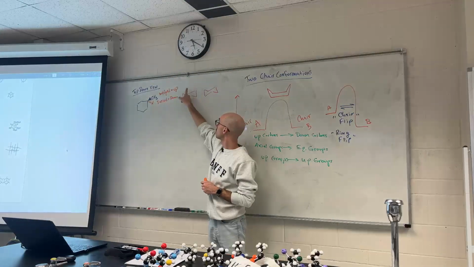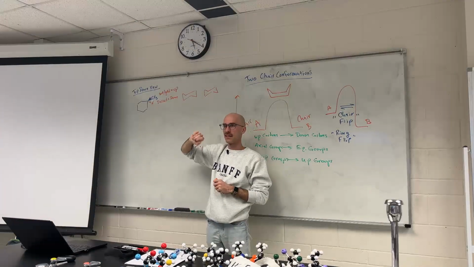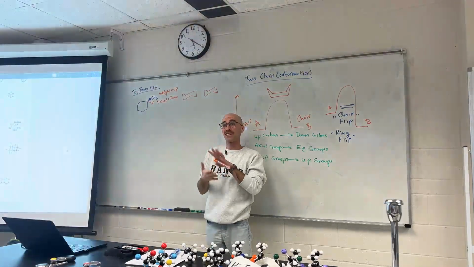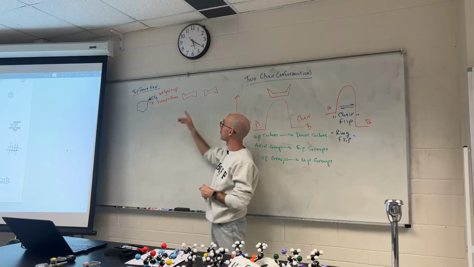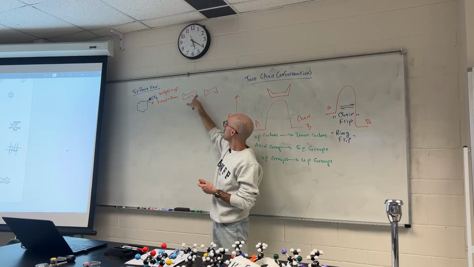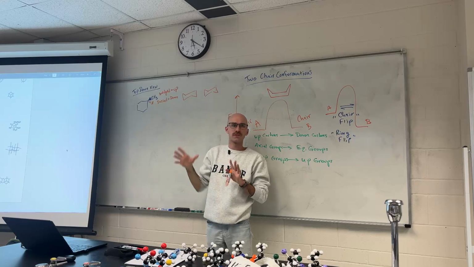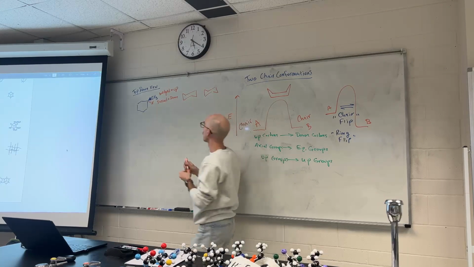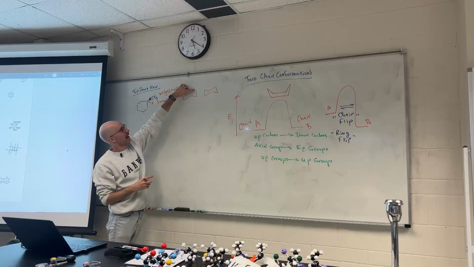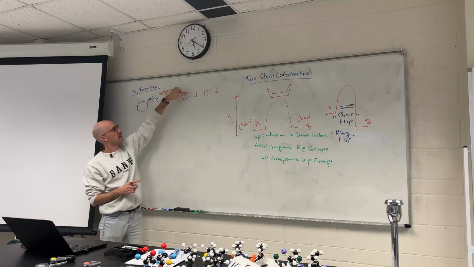The corners. I don't like these middle positions. The reason is drawing the perspective of the axial and equatorial groups in the middle is really challenging, but drawing the orientation of axial and equatorial groups on the corners is very easy. So let's pick this back carbon on the back right, and that's where I'll put my methyl.